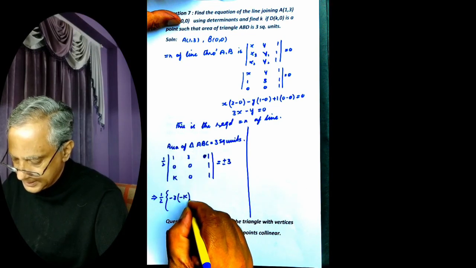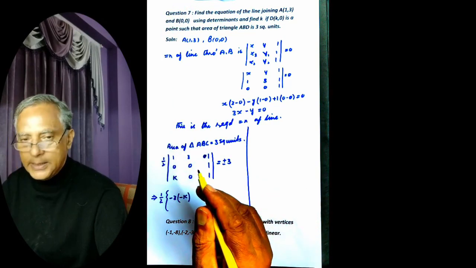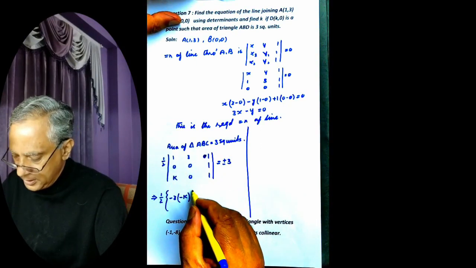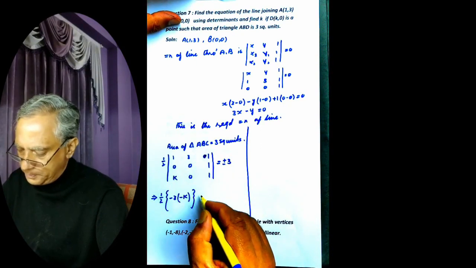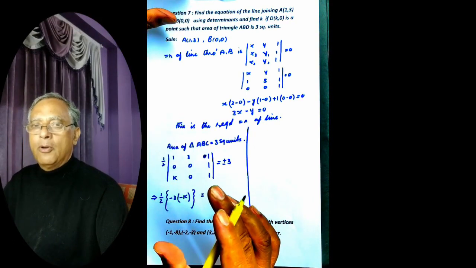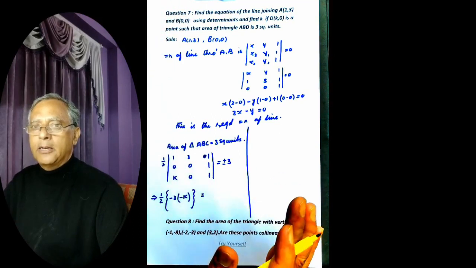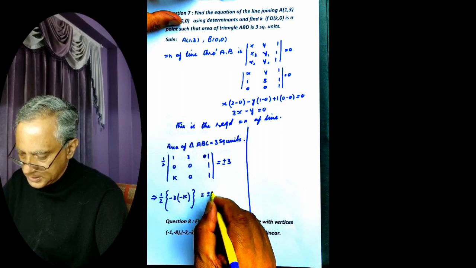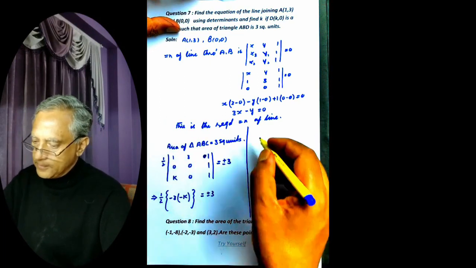This determinant is evaluated. So you should always prefer the row or column in which the maximum number of zeros occur. Expand the determinant from that row or column. So this will be equal to plus minus 3.